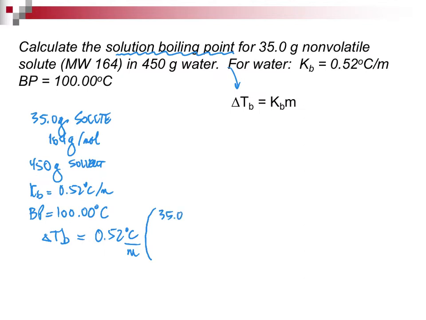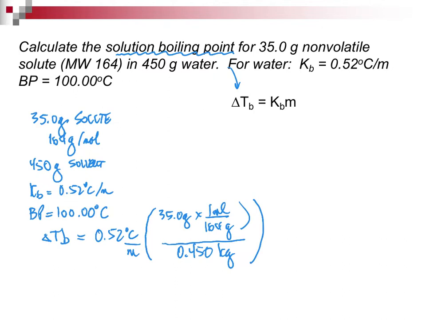I'm going to say 35 grams and 1 mole weighs 164 grams. That's going to be my moles on top, and on the bottom I'm going to say 0.450 kilograms of water. Yeah, I know people usually don't work like this, but I think it works a little bit better for our level of course.